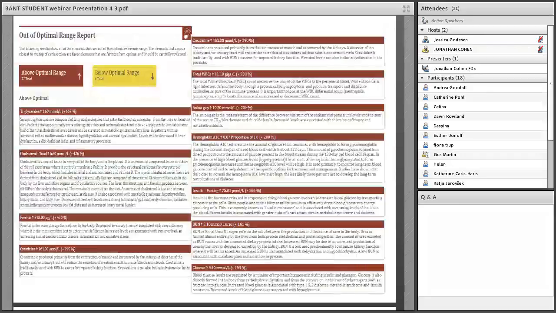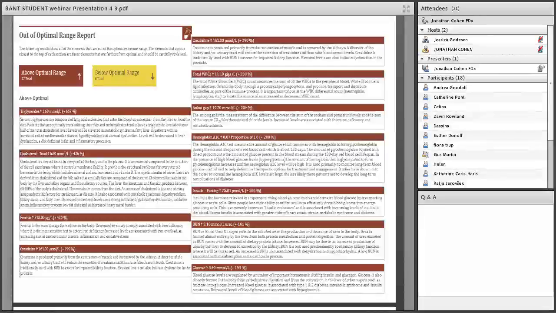You get an out of optimal range report. So for every little arrow up and every little arrow down, you get a box or a description. For example, ferritin, three boxes down on the left, above normal at 218 micrograms per litre.